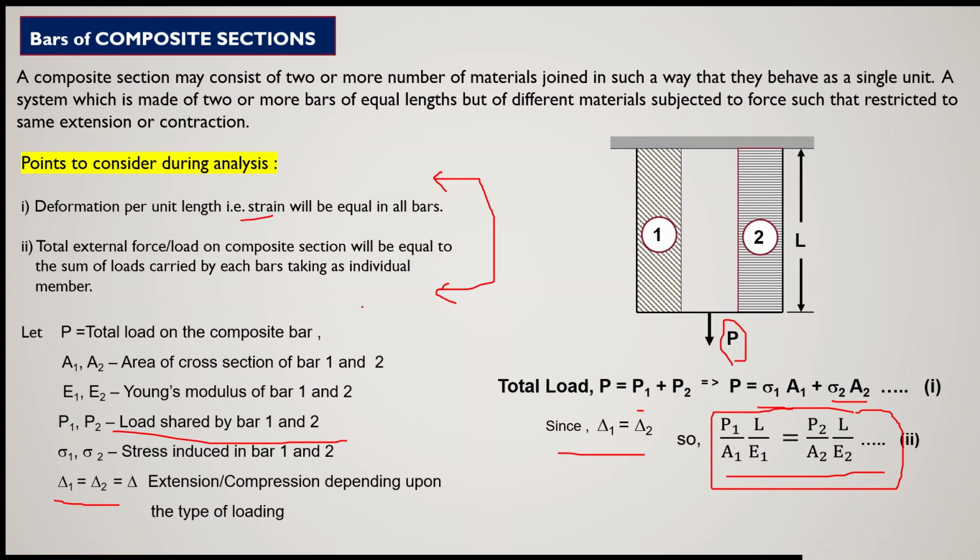So this is how the composite section will behave. So solving 1 and 2, whatever input data is available you can put here, and whatever information you want to get from the problem, you can easily get.